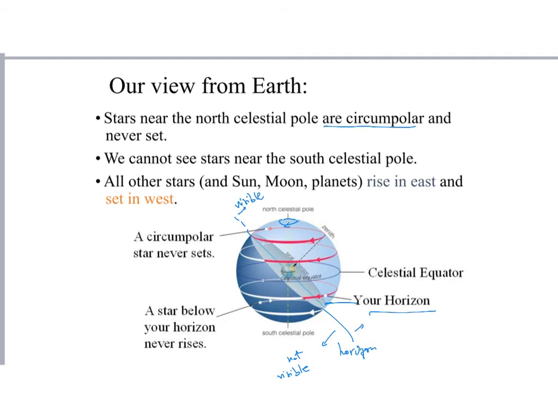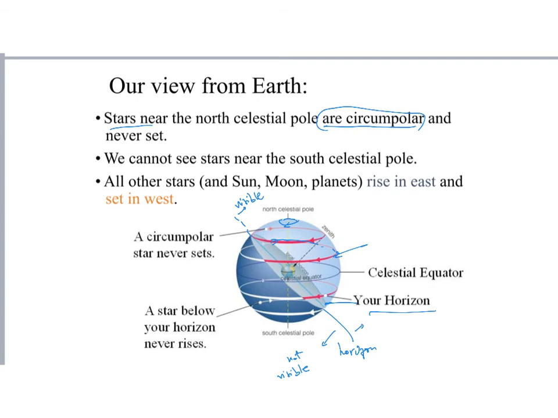Because these circumpolar stars near the celestial pole are never going to be under the horizon, that means they never rise or set. Look at this star, for example, this track of this star. It goes above the horizon just here, reaches its highest point, its zenith, and it's all thanks to the rotation.